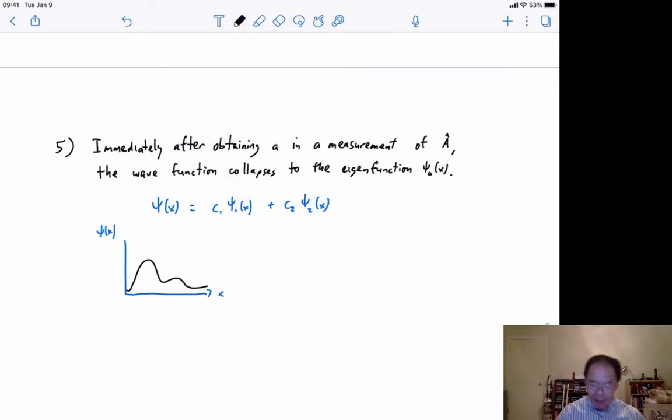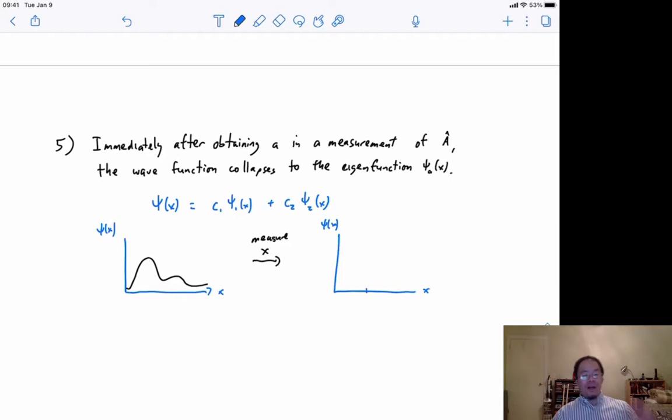So if I go and measure position, and I detect the particle somewhere, so let me draw a new set of axes, what that means is that I'm going to have changed my wave function from this delocalized thing. So let's say I found my particle right here. I'm going to change the wave function to the position eigenstate associated with that position.